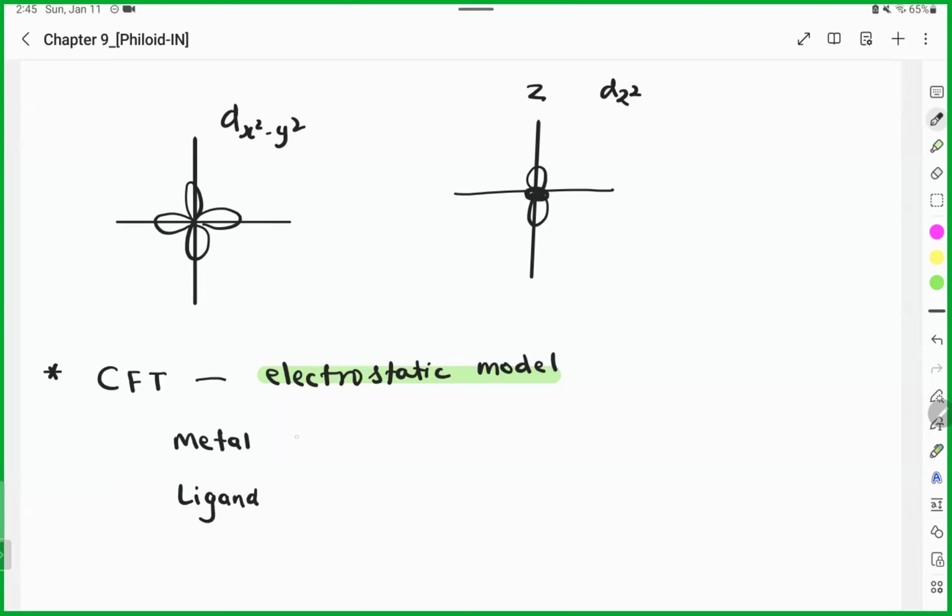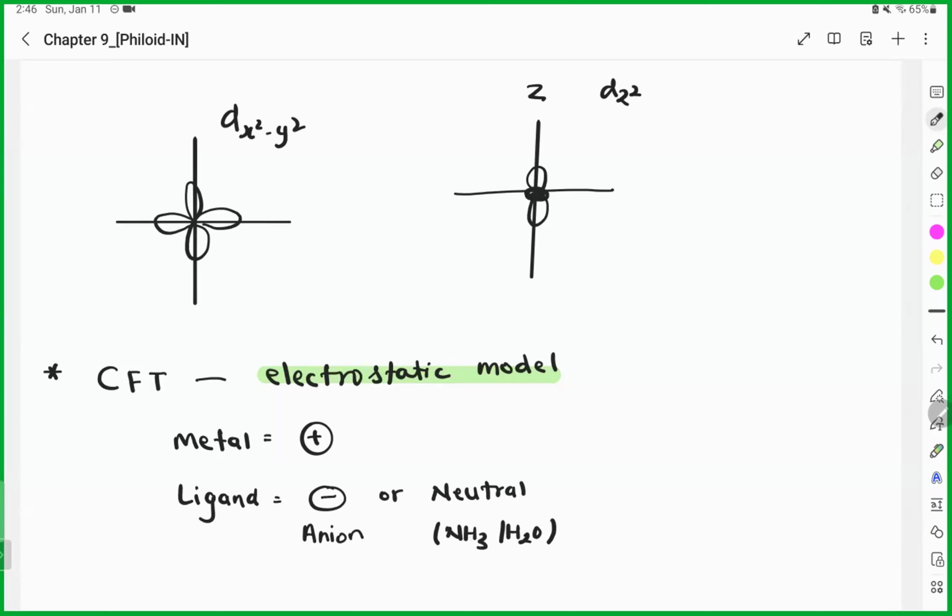Metal is considered almost like a positive charge. Ligand has two possibilities: it could be a negatively charged anion or it could be neutral, for example H2O, NH3, or carbon monoxide. These are neutral.